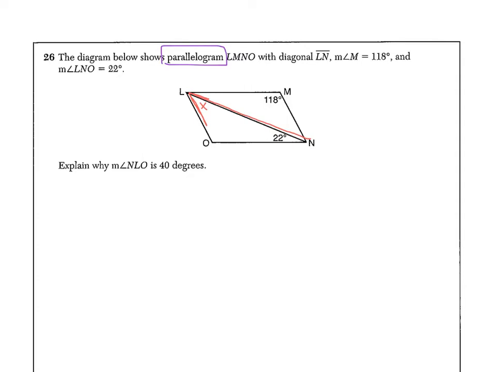x. LMNO is a parallelogram, which has two pairs of opposite sides that are parallel. So that tells me that ML is parallel to NO. And if we have parallel lines, our first step is to look for a Z, whether it's a forward-facing Z or a backward-facing Z. Z's help us to find alternate interior angles.